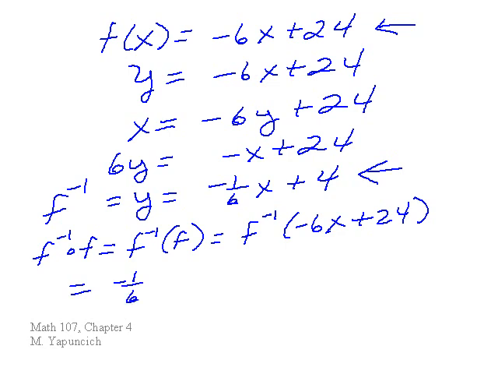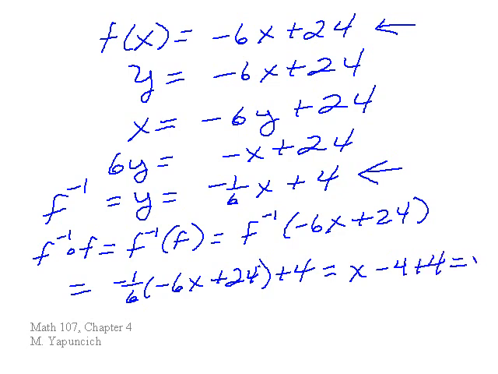Minus 1/6 times negative 6x plus 24, plus 4. I distribute through the minus 1/6 and I get x minus 4 plus 4, and that equals x. I got the x back. This is the inverse.